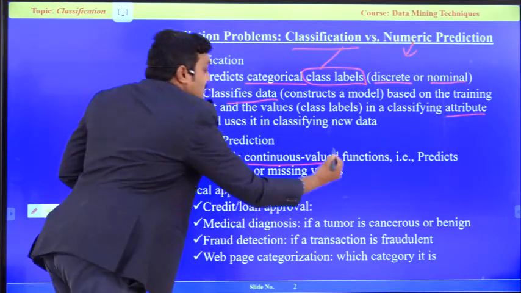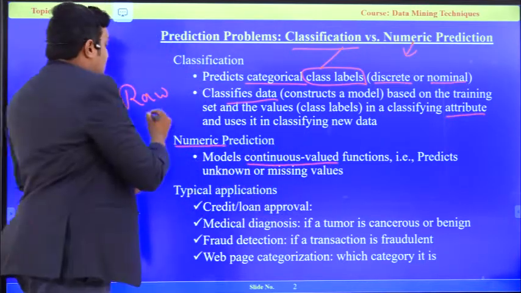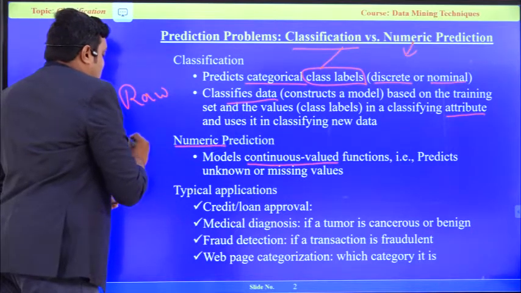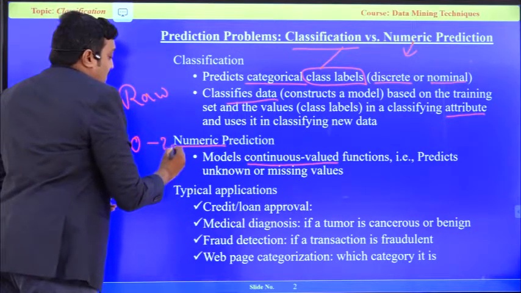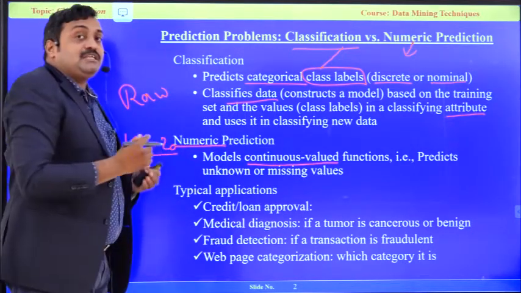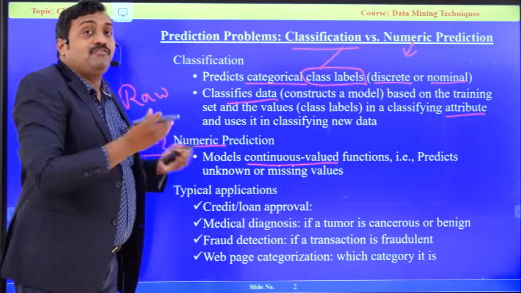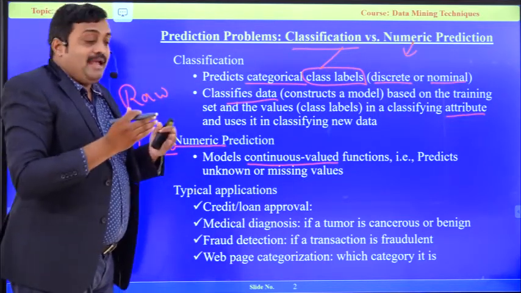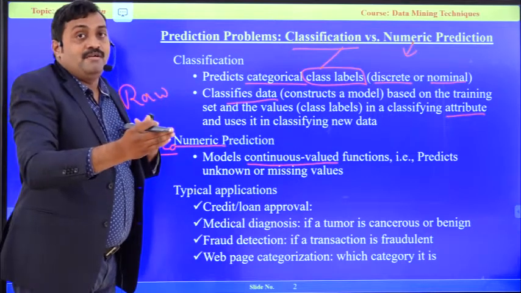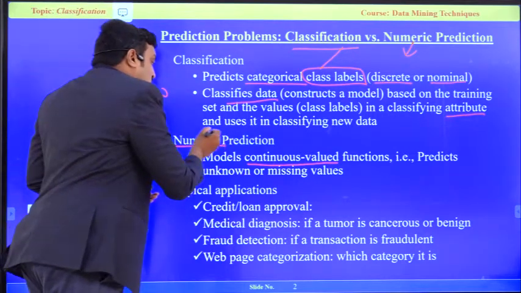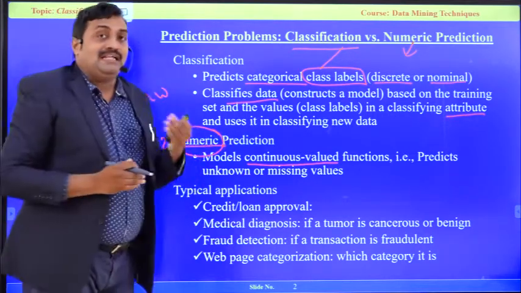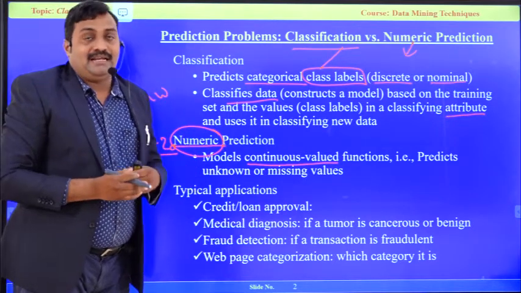Generally numerical data is continuous. For example, age 10 to 20, meaning the candidate's age is between 10 to 20, or 10 to 50, or 20 to 30, a continuous range of values. So whenever the data is numerical type, how do we handle such data?